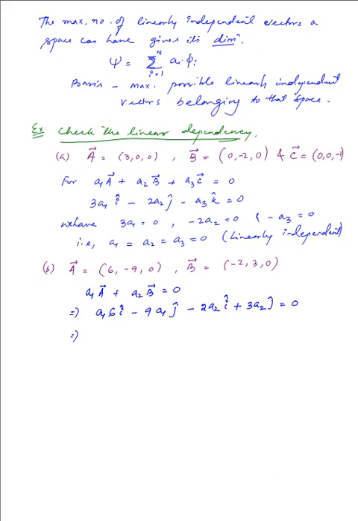Rearranging, we get 6a1 i hat minus 9a1 j hat equal to 2a2 i hat minus 3a2 j hat. A bit of multiplication will help us: we multiply a2 onto the left hand side, 6a1 i hat minus 9a1 j hat, and 3a1 onto the right hand side, 2a2 i hat minus 3a2 j hat.